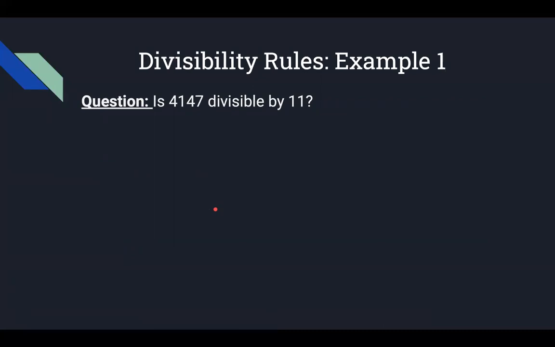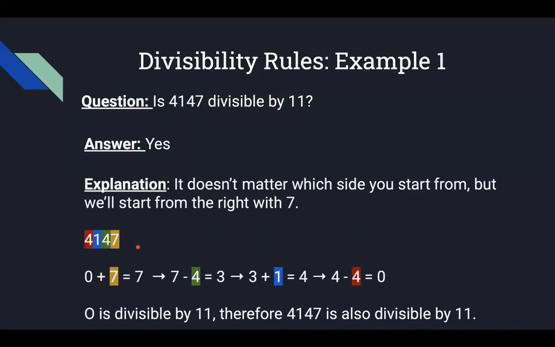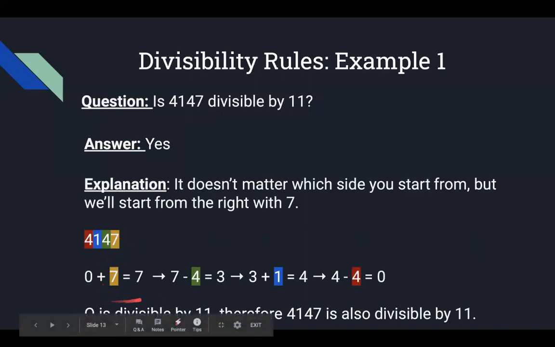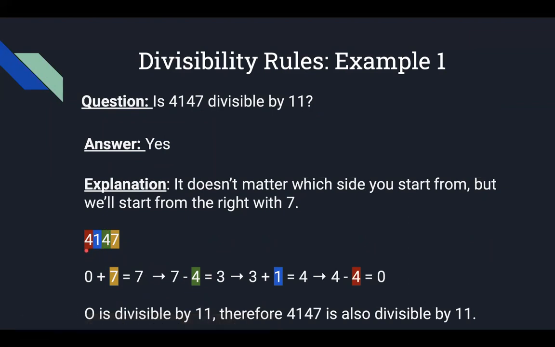All right, so the first step would be to add 7. We'll just skip past the answer for now. The first step is to add 7, and then you have to subtract 4, because that's the next number here. Then you have to add 1, and then you have to subtract 4 again.